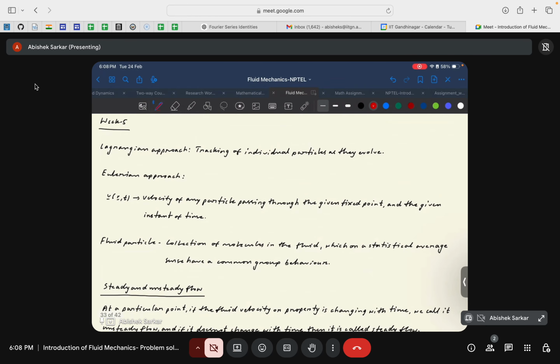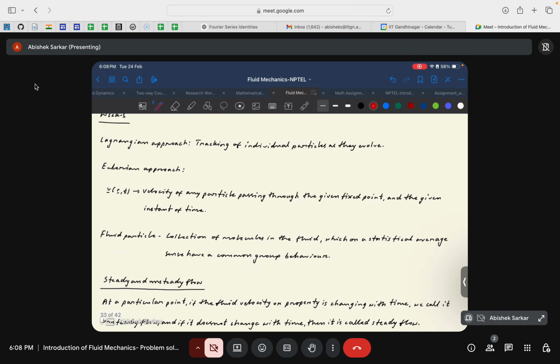So we begin, or I must say revisit, the concept of Lagrangian and the Eulerian approach. By now, I think all of you must be quite well versed in understanding what a Lagrangian and Eulerian approach means. So for today's session, we will briefly toggle between these two approaches.